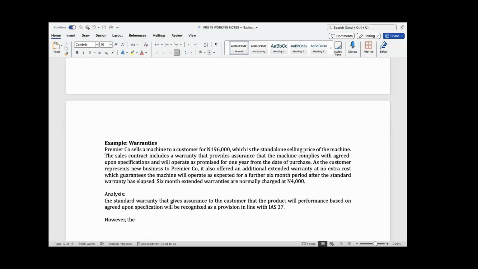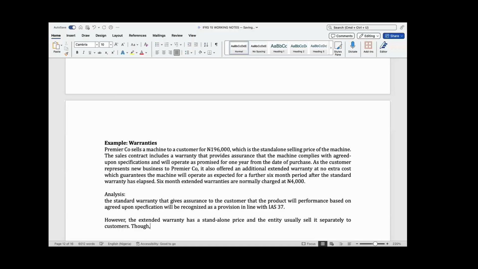However, the extended warranty has a standalone selling price, and the entity usually sells it separately to customers.